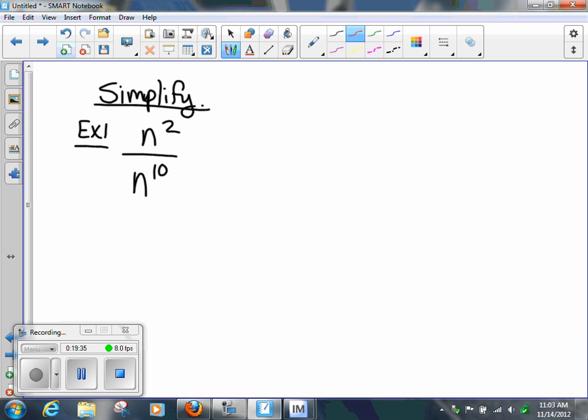Where will n to the 8th go? On the bottom. I know 1 is left on top. Subtract them and put your answer where the largest exponent is. It's very simple.